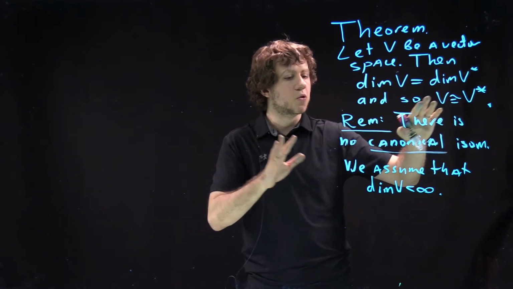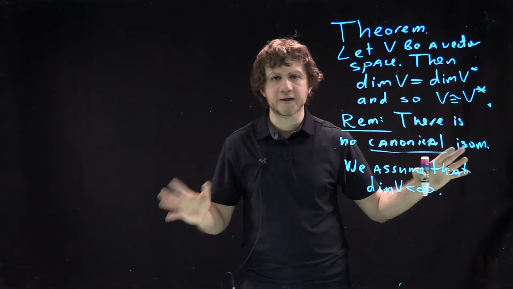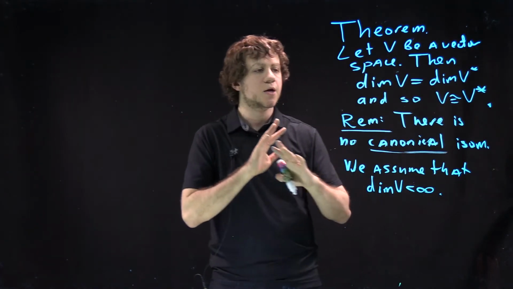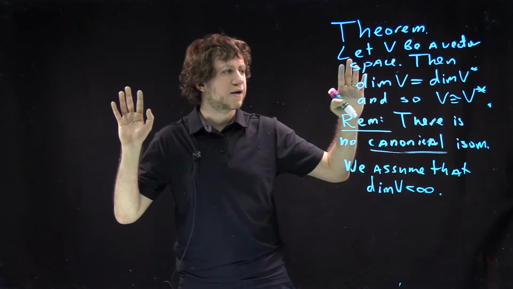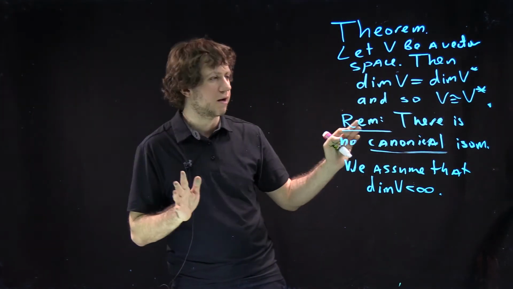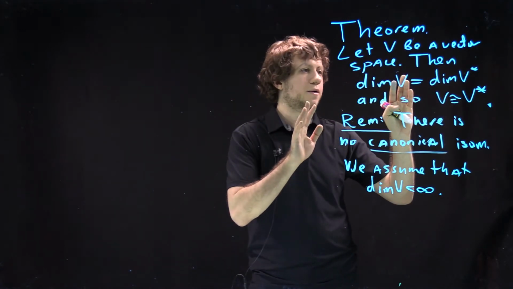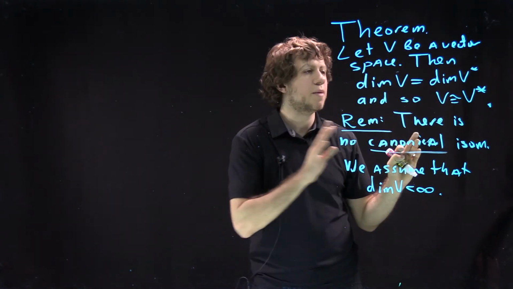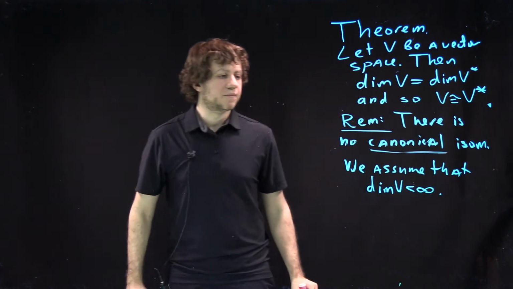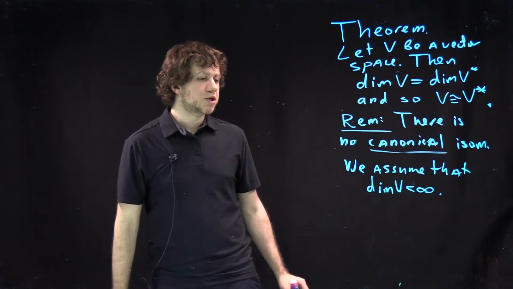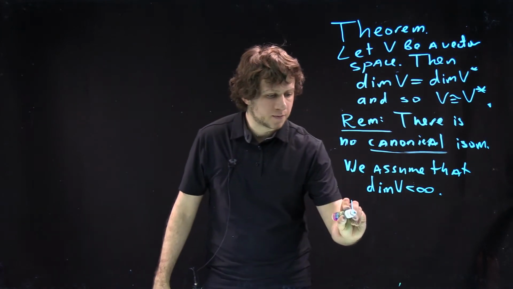It all starts to be very delicate issues of functional analysis, which we are not going into, but don't remember the fact that V is always isomorphic to V star. That is useful to remember only when the space is finite dimensional. Okay, so let's prove it. Maybe before, just one example.